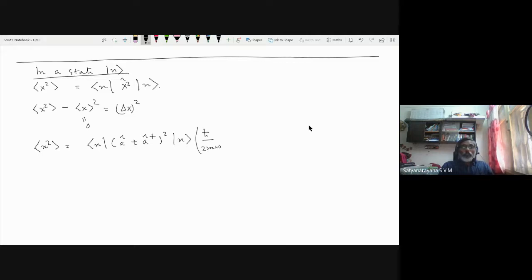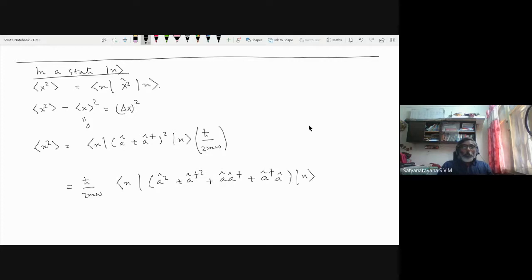The square root will not be there because I am squaring this. So this is given by ħ/2mω into ⟨n|(a² + a†² + a†a + aa†)|n⟩. I cannot write 2a†a because a and a† don't commute.